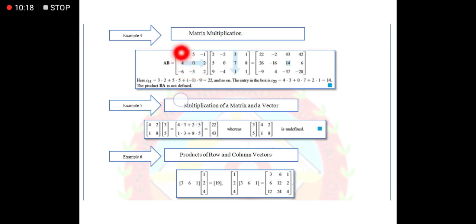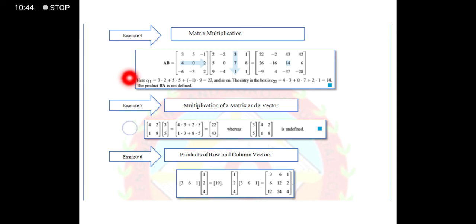Okay? For example, this first matrix here and this one, if you multiply them, first check if the columns and the rows are the same. So in this case, 1, 2, 3, and here it is 1, 2, and 3. So that means they are the same, so you can freely perform the matrix multiplication.